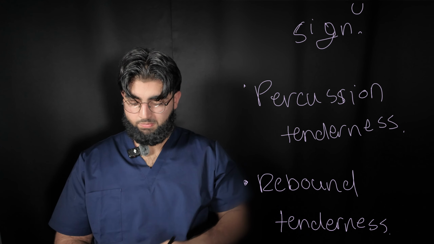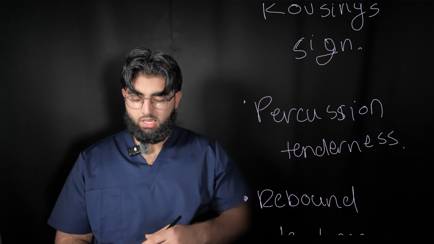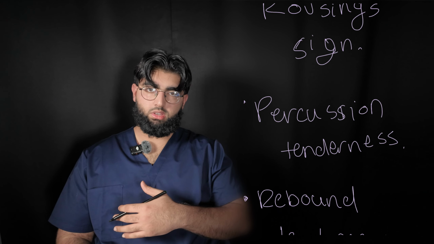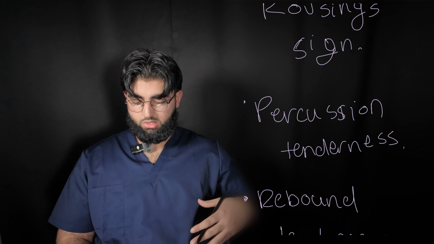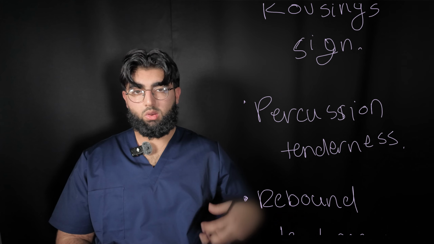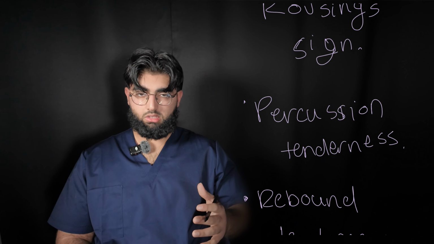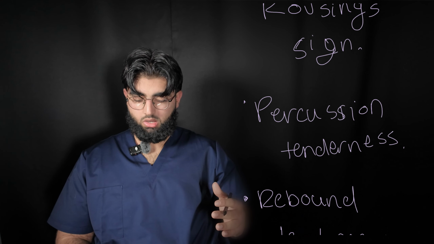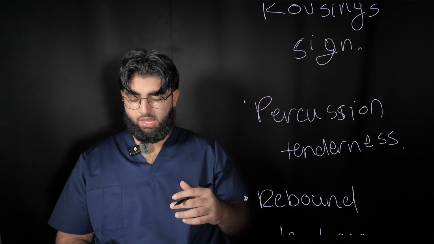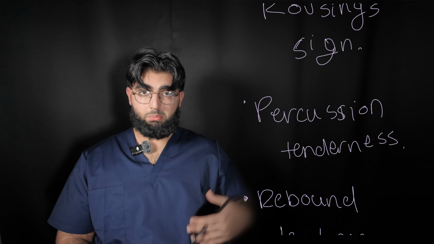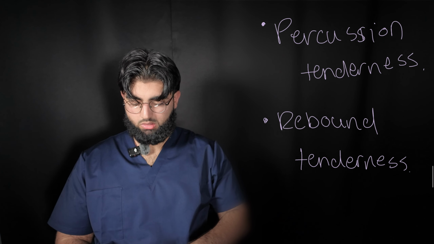Okay. So Rovsing's sign is when we palpate the left lower quadrant of the patient, it would stimulate the pain in the right lower quadrant where the appendix actually is. The reason for this is because of the movement of the peritoneum, and pushing down on the left lower quadrant can actually stimulate the pain in the right lower quadrant.